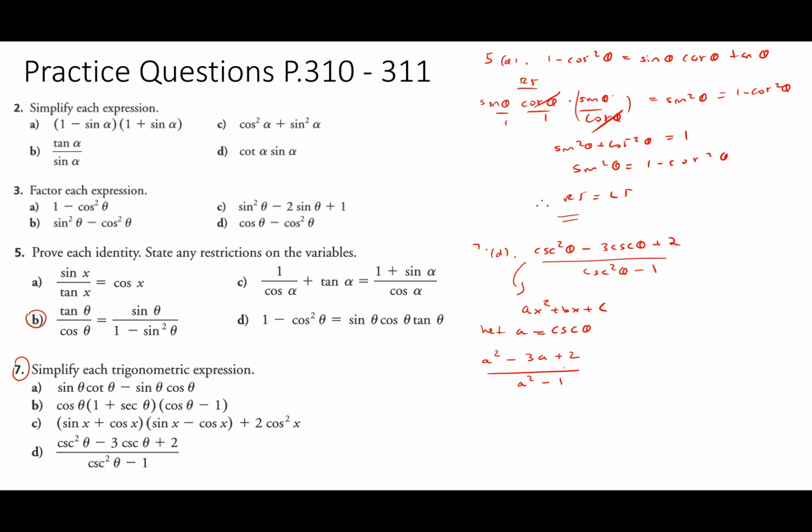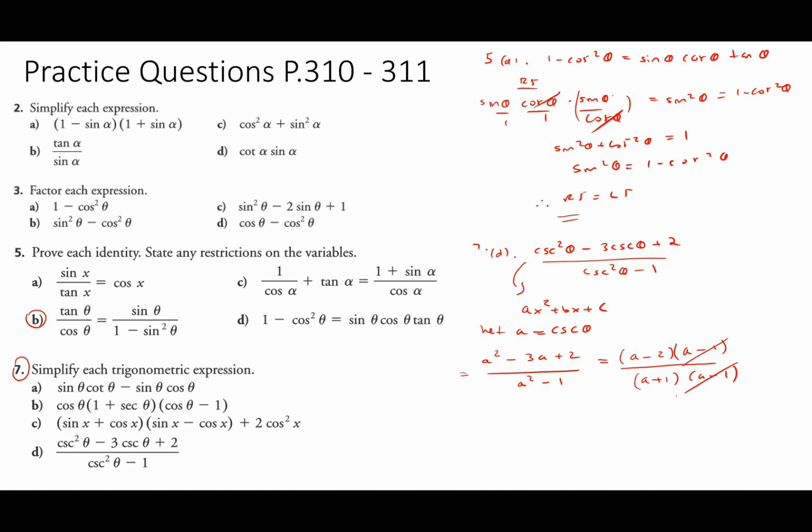And this makes it look a lot easier, right? If you factor this quadratic, you would get a minus 2 times a minus 1. This is basically because the leading term's coefficient is 1, so you can factor it very quickly. A squared minus 1 is a difference of squares, which is a plus 1 times a minus 1.